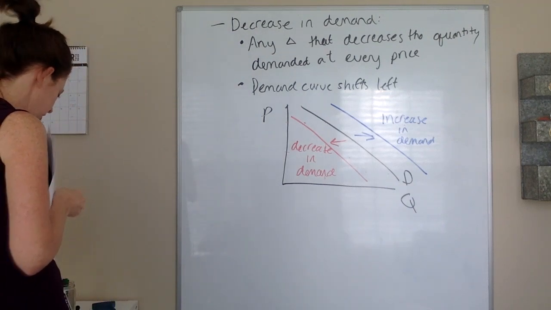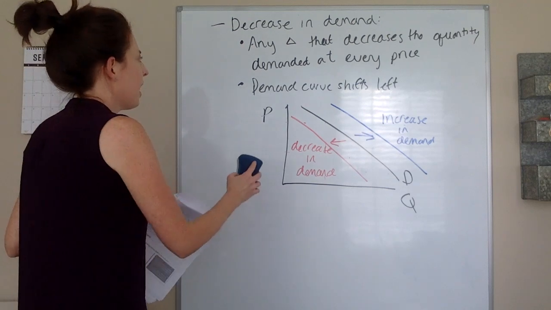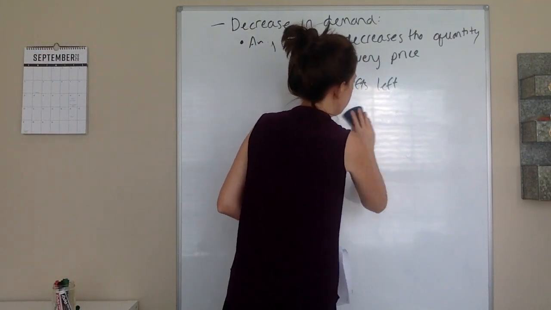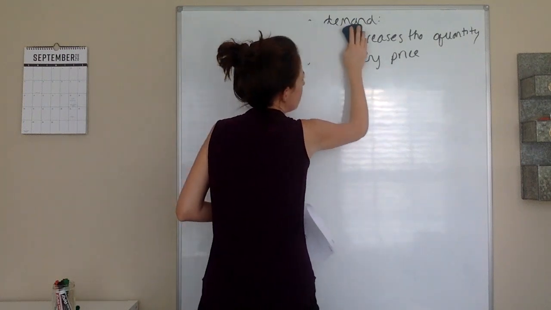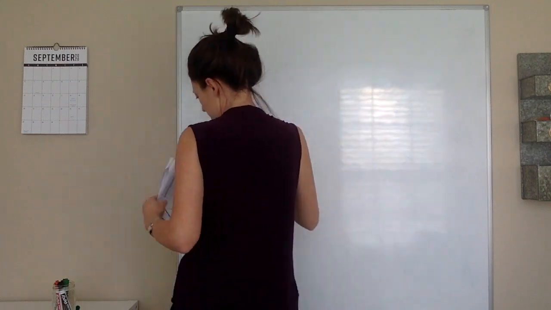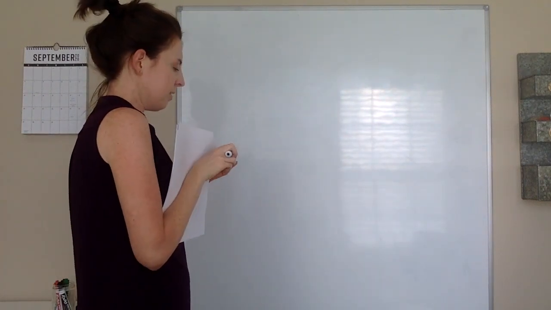Okay, so that's the picture. And now let me give you examples of things that actually can shift the demand or change the demand. Okay, here's where all the writing is going to happen, so make sure your notes here are thorough, and this will help you later on for the exam. Okay, here's the bucket list.